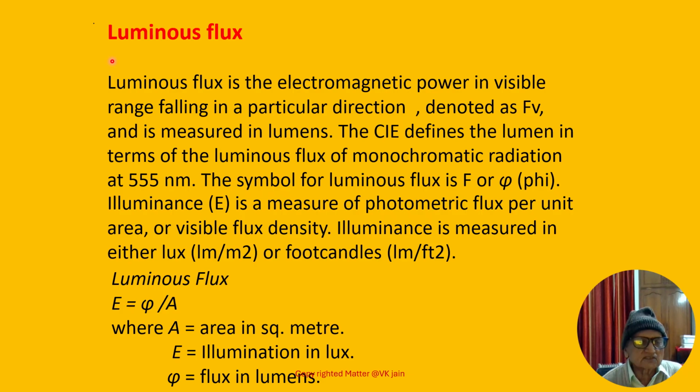Luminous flux as needed in lighting services: luminous flux is the electromagnetic power in the visible range falling in a particular direction. We have read in another module, denoted by FV and measured in lumen.